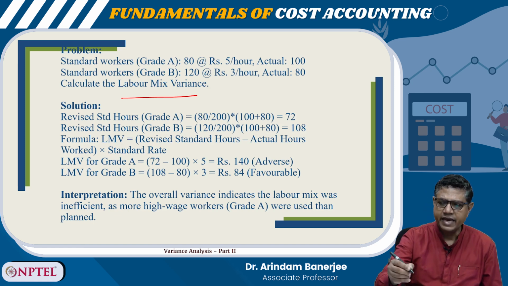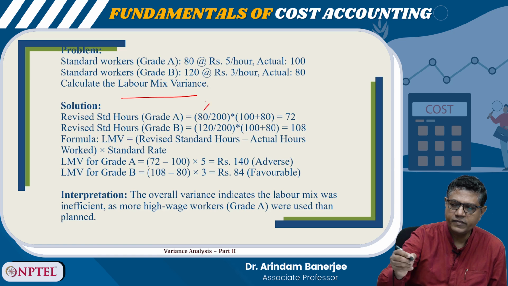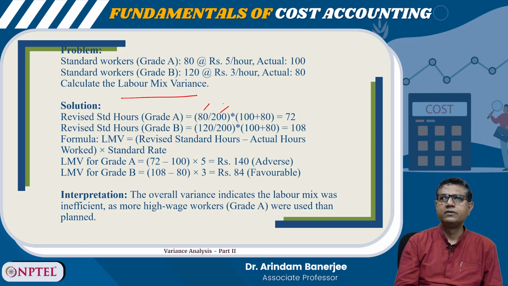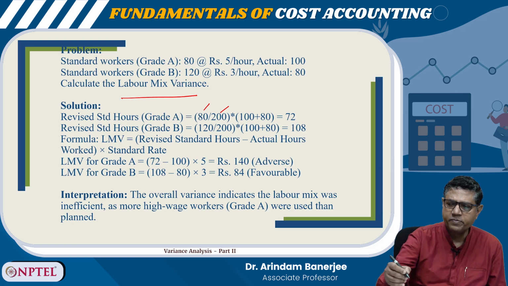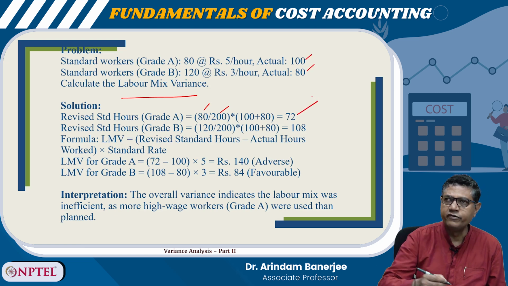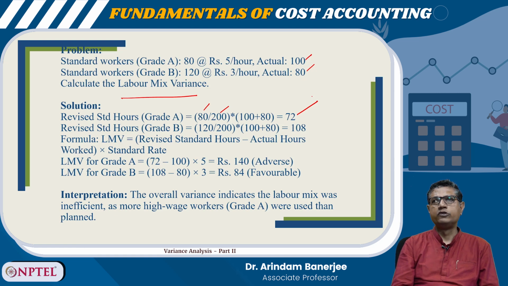So, it is 80 divided by total number of hours, 80 plus 120, that is 200, right, into 100 plus 80, the actuals, this 100 and this 80. So, if we solve, then it is coming to 72, right.